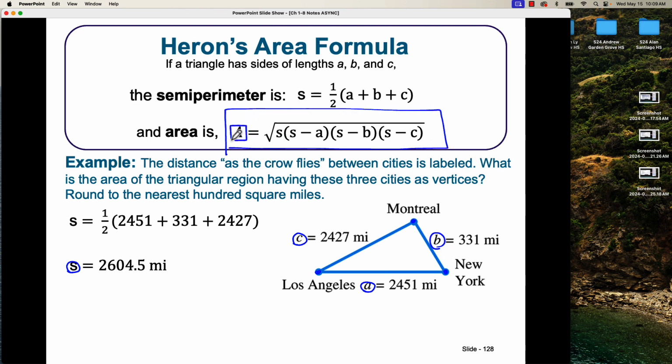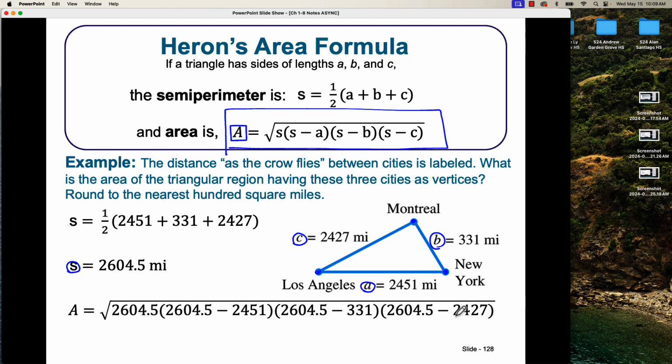Now that we also have lowercase s, this formula right here is ideal because it has the capital A we're being asked to find, and little s, little a, little b, and little c, all of which we know. So we can translate this geometric figure into an algebraic equation, which would look like this. When typing this in your calculator, please be careful that your square root goes over the entire expression.